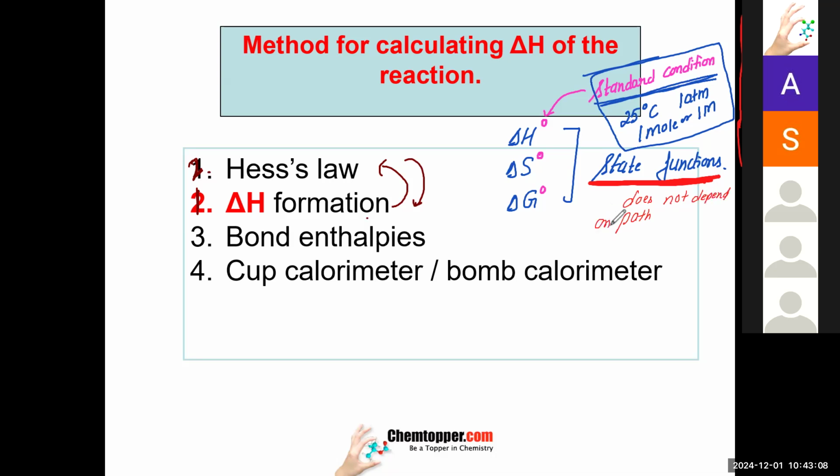If you remember, I told you that W, work, and Q, these are path dependent. You change the path, the value changes. If you still remember that we were going up on a hill, I said you can go on the hill, just walk like this.